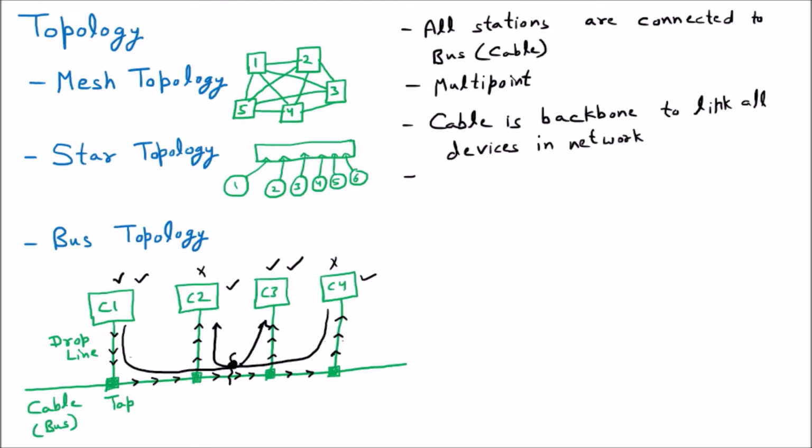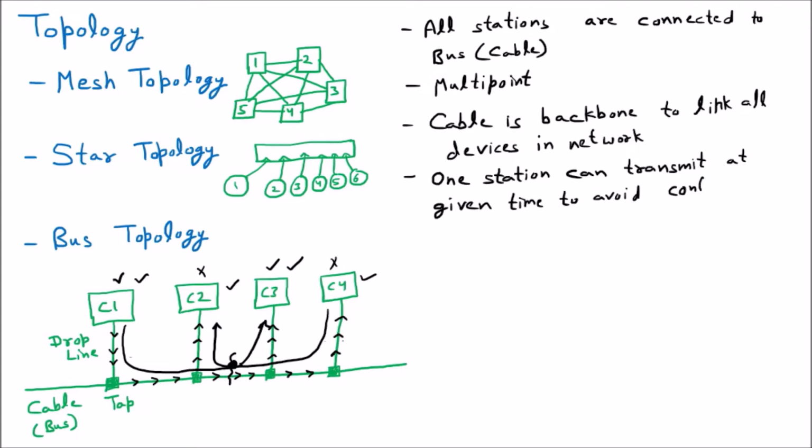If collision is there, obviously data will be lost. So there is one rule that all the computers in the bus topology are following, and that is that one station can transmit at a given time to avoid conflict. Well, conflict is the collision.